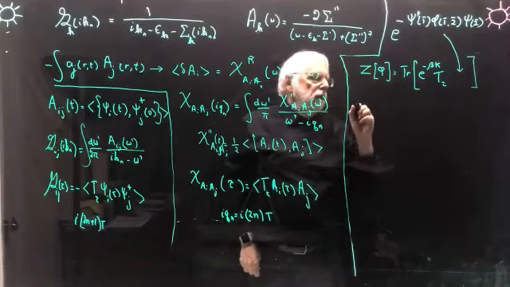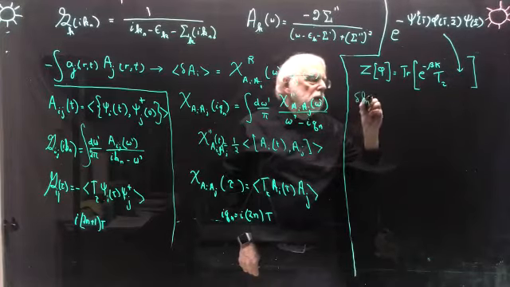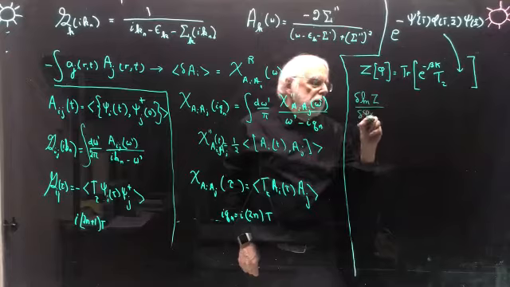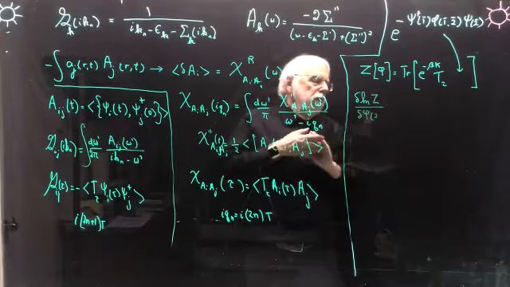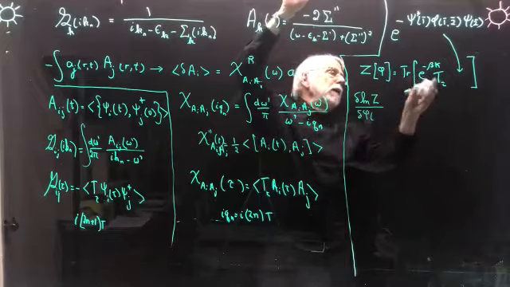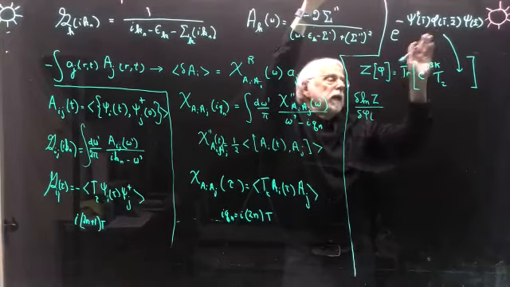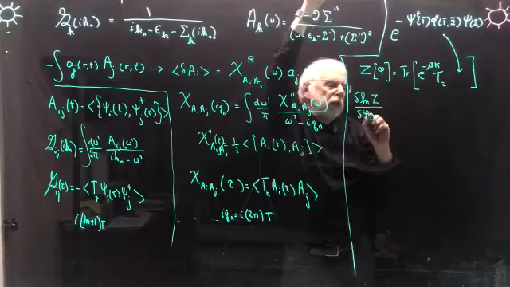And then you see that if I take the functional derivative of the log of Z with respect to phi 1, 2, the nice thing about time ordered product is that when we have numbers here, we can differentiate just as if it was an ordinary exponential.